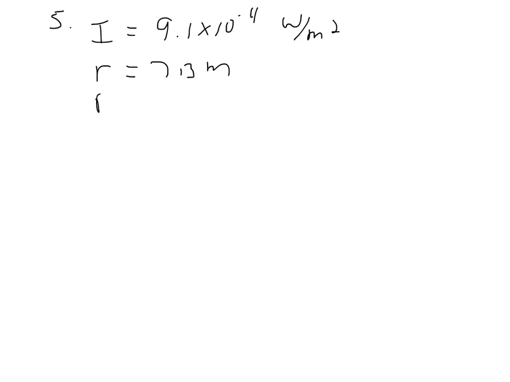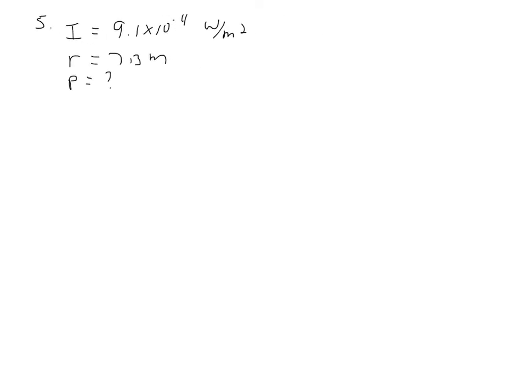So we have intensity equals 9.1 times 10 to the negative 4th, in watts per meter squared. The distance r from our source is 7.3 meters, and we're looking for the power. So I'll shrink that down. Intensity equals power over 4 pi r squared.